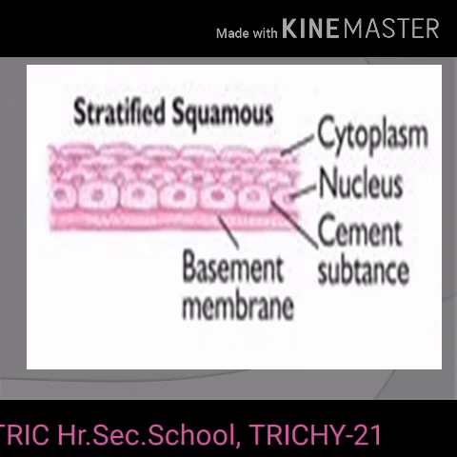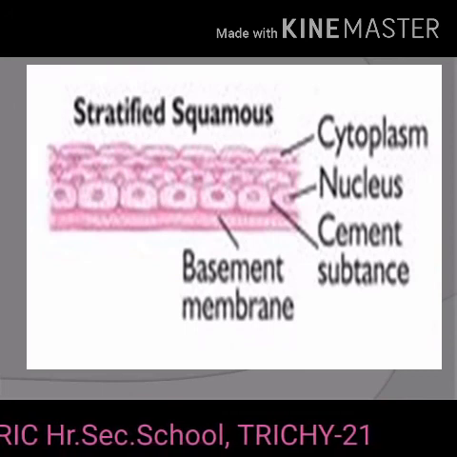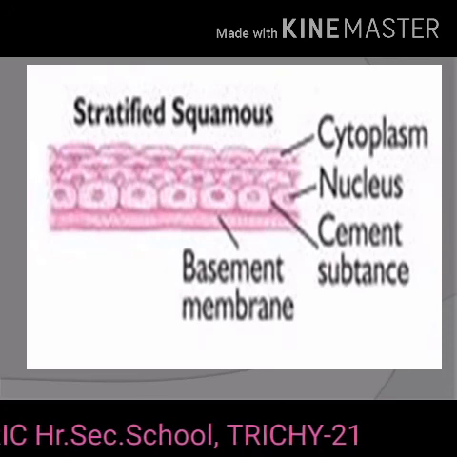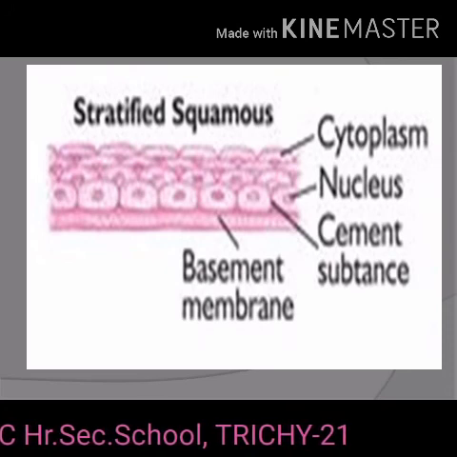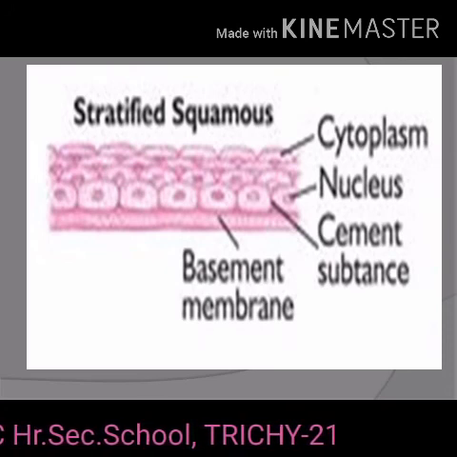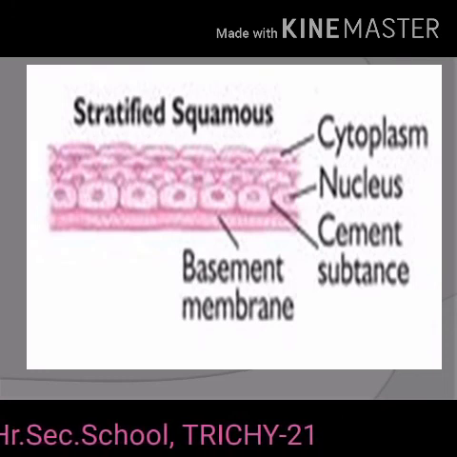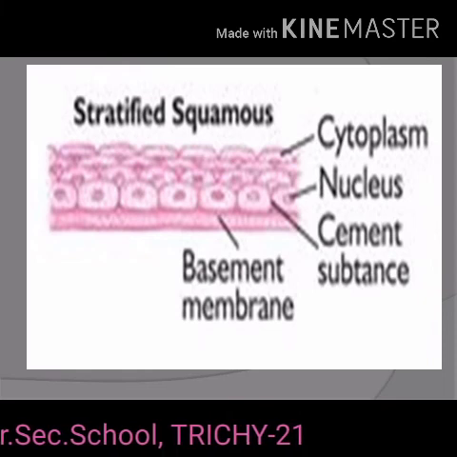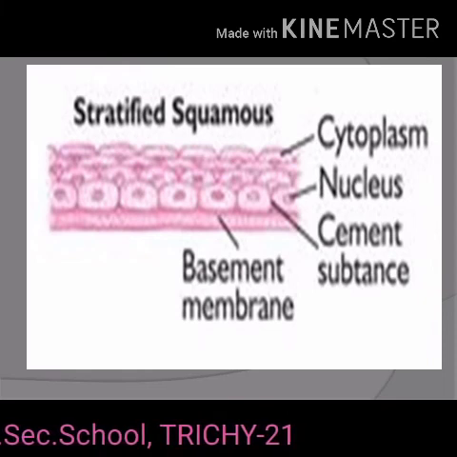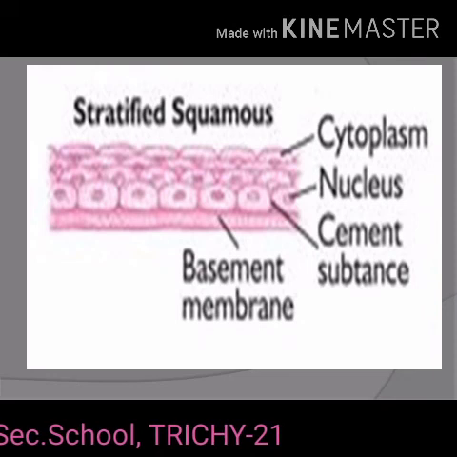Compound epithelium. It consists of more than one layer of cells and gives a stratified appearance. Hence, they are also known as stratified epithelial cells.